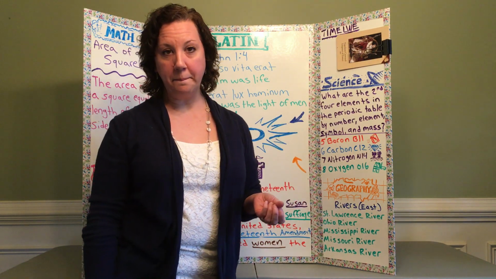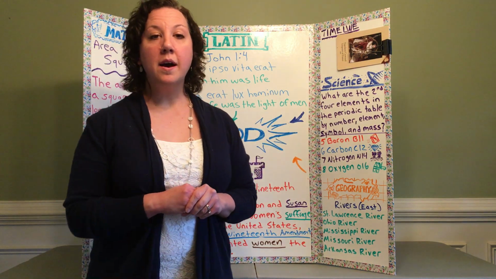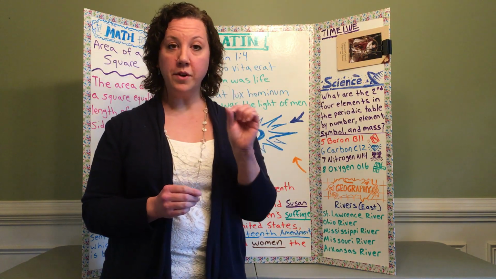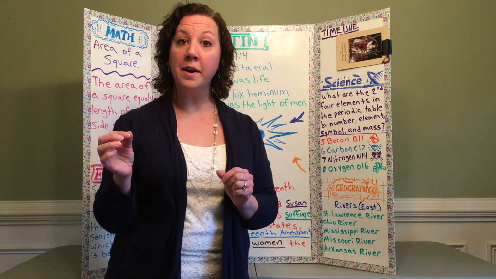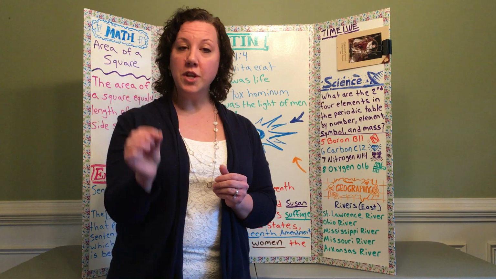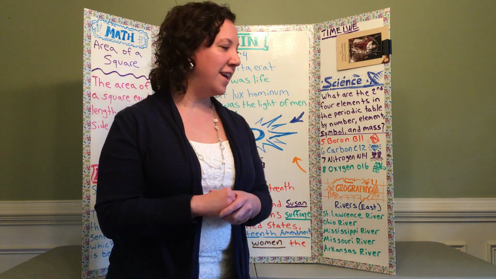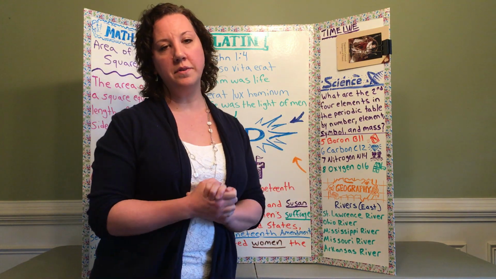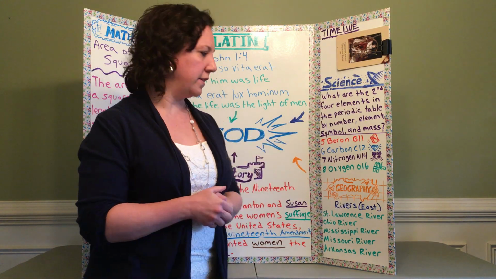Okay, geography is a tune, we're doing rivers in the east, and it's to the tune of Hush Little Baby. On your map, you can trace the rivers first. You can number them 1 through 5 and just sing along and have your child point to the area you're singing to. The numbers will help them know where to go next.